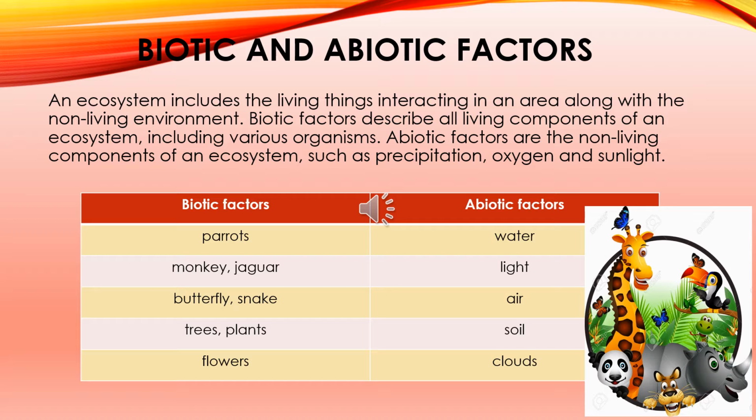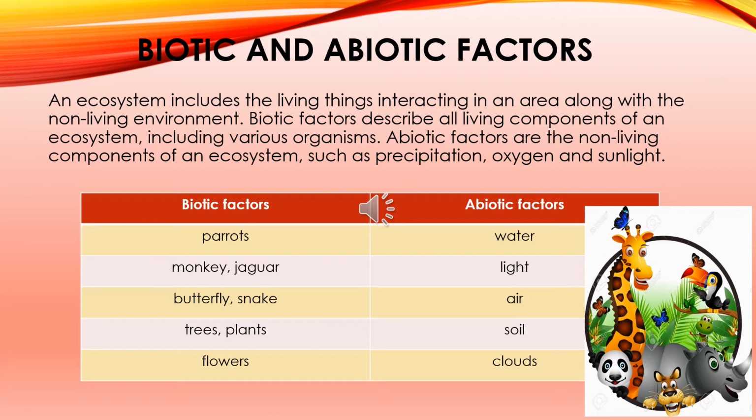And the examples that we have right here are going to help you have a better understanding of what is a biotic factor and what is an abiotic factor. Okay, let's read the examples that we have here.